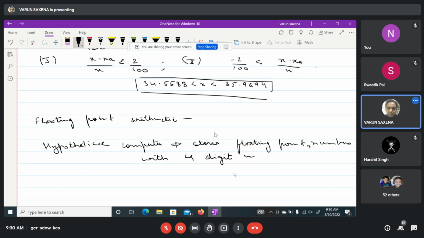Floating point numbers which are normalized, which means that your numbers would be something like this: D1, D2, D3, D4. It can only store these 4 values. So this is your mantissa here. Normalized 4-digit mantissa, and let's say it can have a 2-digit exponent.